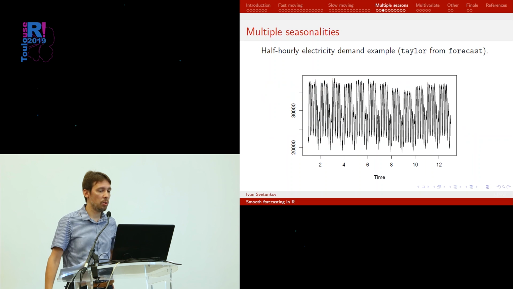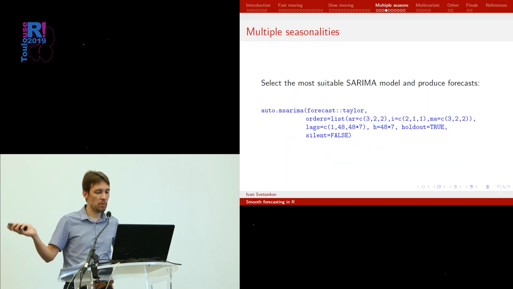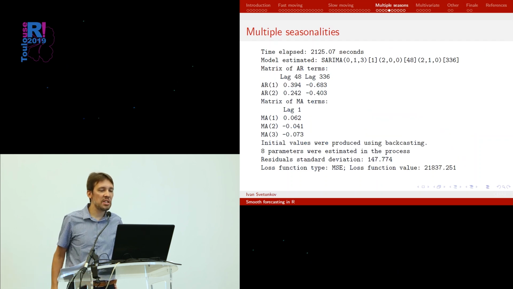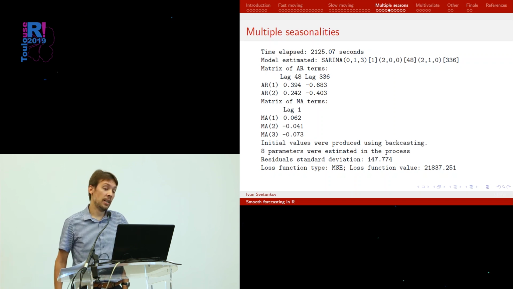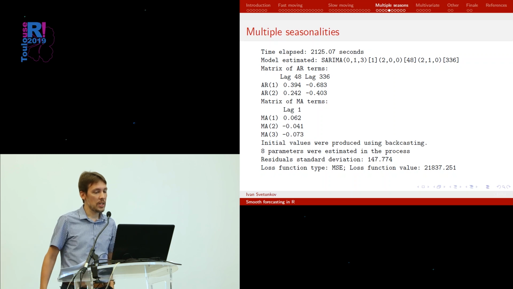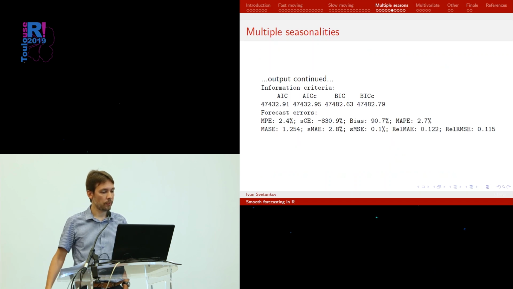An example is half-hourly electricity demand from the forecast package. We feed the model, there is automatic selection. It takes just a little bit of time, and after 2,000 seconds doing things, we get the results. 2,000 seconds is probably close to 1 hour, I don't know. But this is big data, so it takes time.